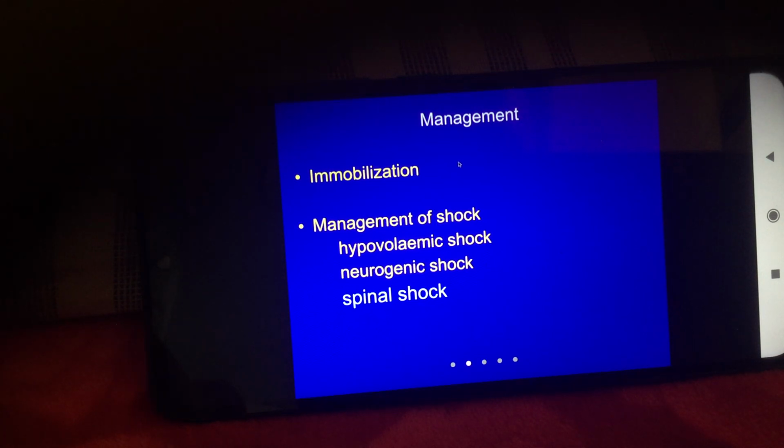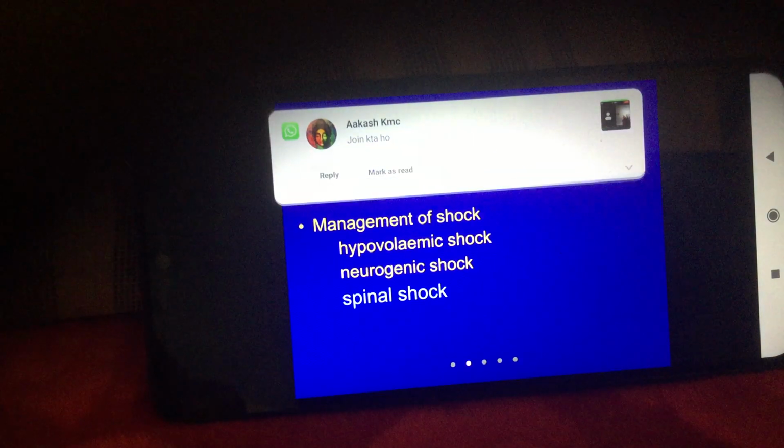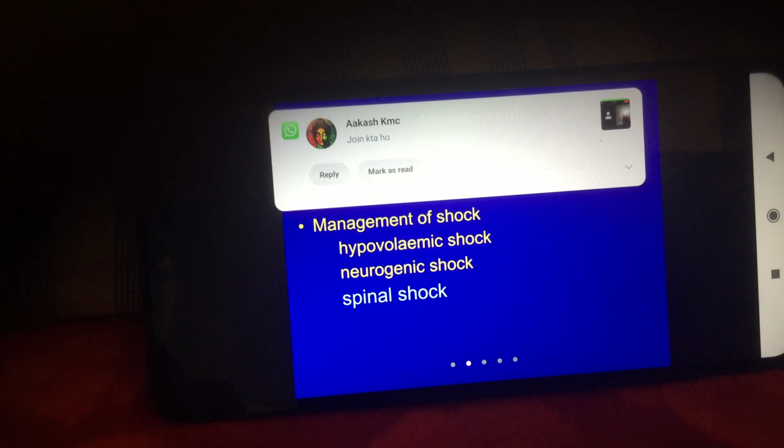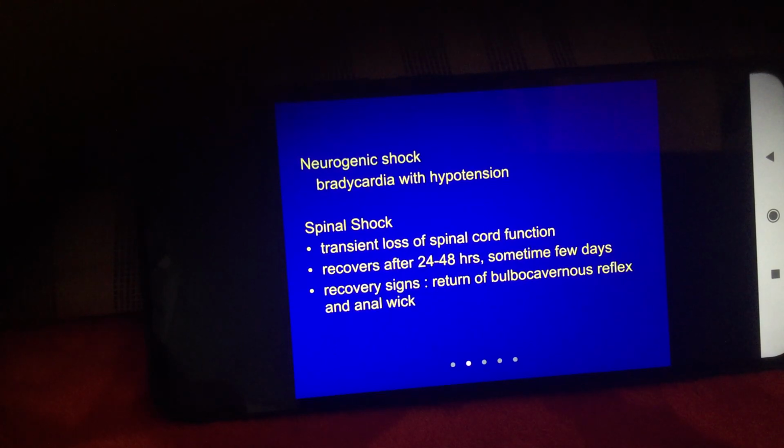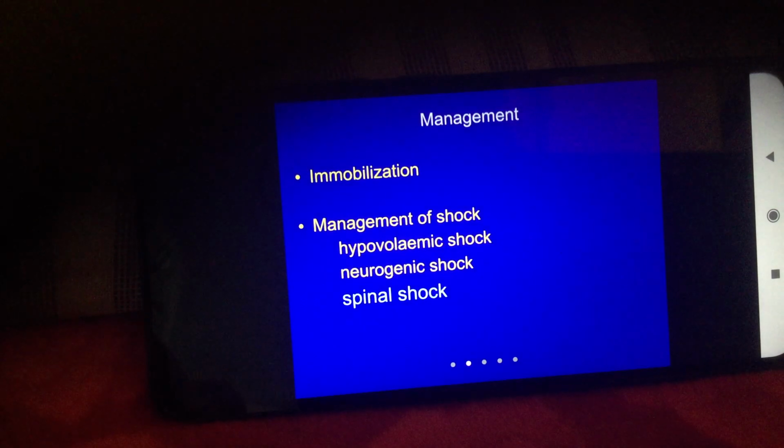Hypovolemic shock occurs due to the loss of blood. Neurogenic shock occurs due to the neural injuries, and there is another term that is known as spinal shock. And neurogenic shock, what is the difference? What happens in hypovolemic shock? Hypovolemic shock is due to the loss of blood or fluid.